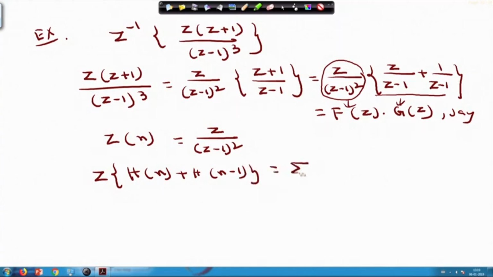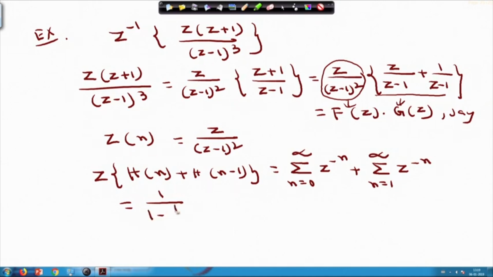So, this equals summation n equals 0 to infinity z to the power minus n plus summation n equals 1 to infinity z to the power minus n. This we have done depending upon the value of n and n minus 1. So, summation n equals 0 to infinity z to the power minus n is nothing but 1 by 1 minus 1 by z. This we have done for the second part.